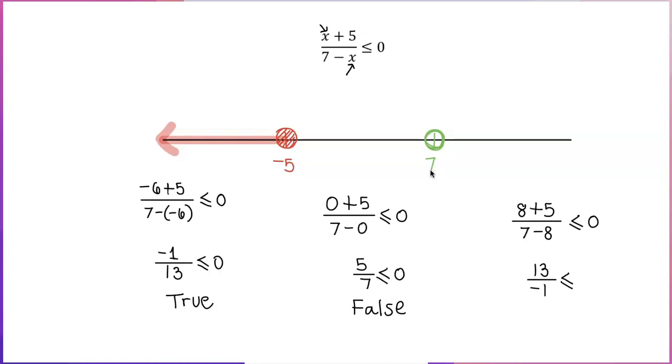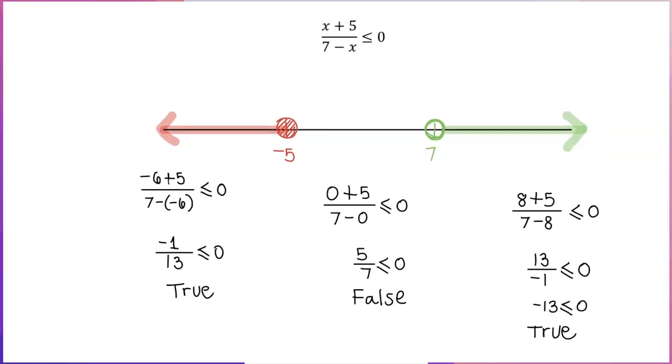Now, 13 divided by -1 is -13, right? And a negative number is smaller than 0. So we got a true statement. So the interval to the right of 7 is also going to be a solution to this inequality. Let's write down the solution in interval notation now.